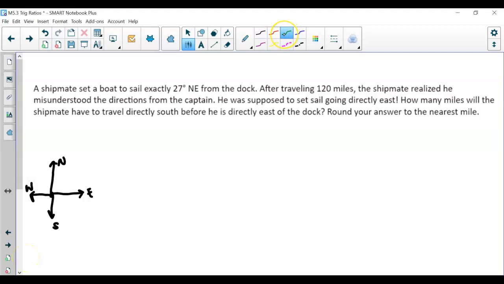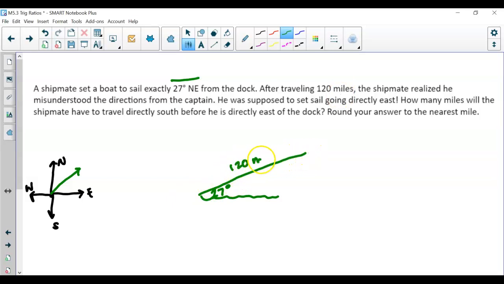And here we go. So here a boat set sail 27 degrees northeast. So northeast is at a diagonal right between north and east. So here we have a boat. So we're thinking about the water, right? So here's our water. The boat here traveled 27 degrees northeast. After traveling 120 miles, so the boat is going at 27 degrees.